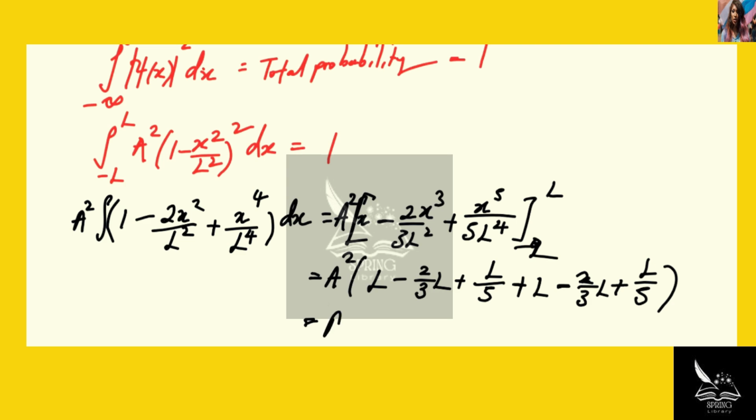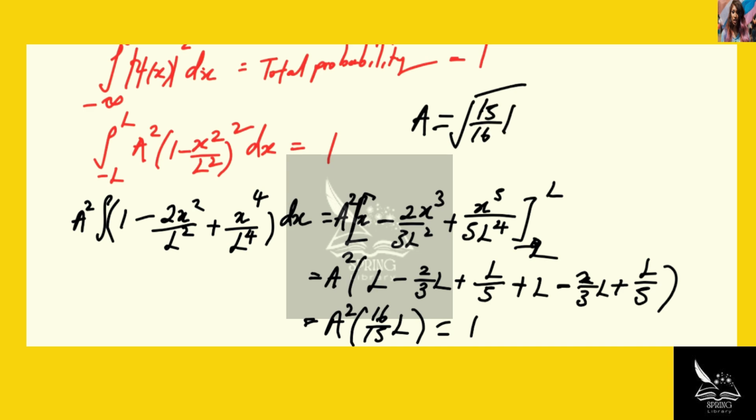This gives us A square times 16 over 15 L. Since this equals 1, we can infer that A is equal to the square root of 15 over 16 L. This is our normalization constant.